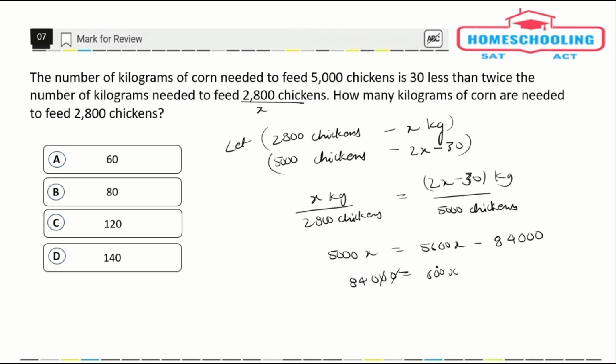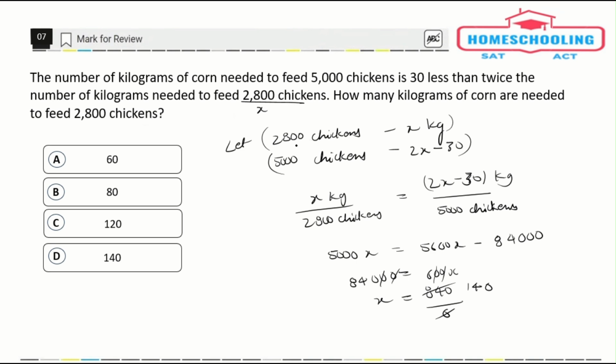These two zeros would cancel, so x would be 840 divided by 6. 6 into 14, 6 into 4 is 24, 4, 4 and 0. So x is 140 kg. The question asks how many kilograms of corn are needed to feed 2,800 chickens.